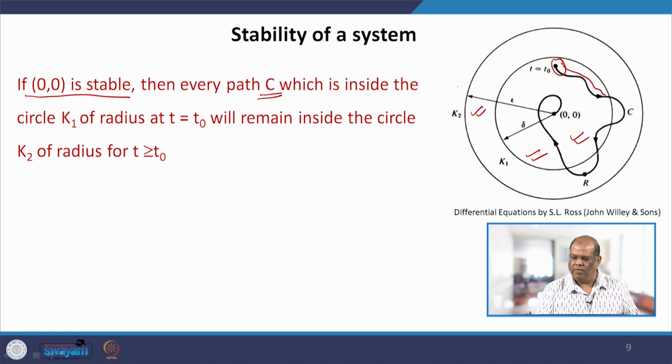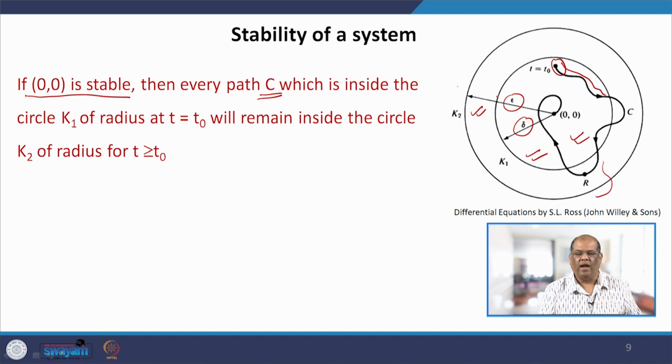If it is not stable, it may go out of the circle of radius K2. So, if you can find such delta and such epsilon for which this will hold, we say your system is stable. There is another word which you will be finding, that is asymptotically stable.